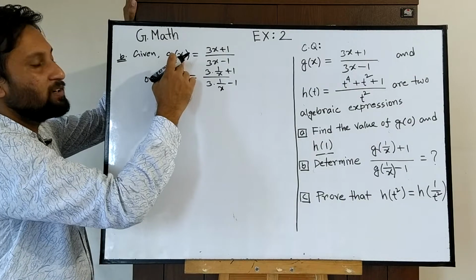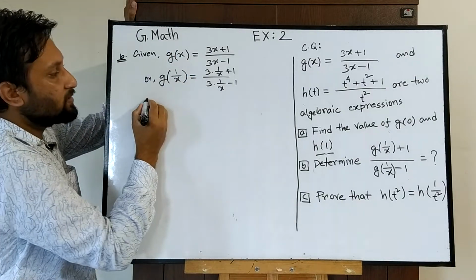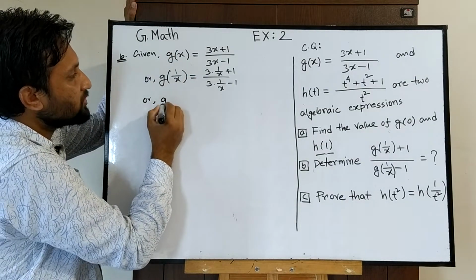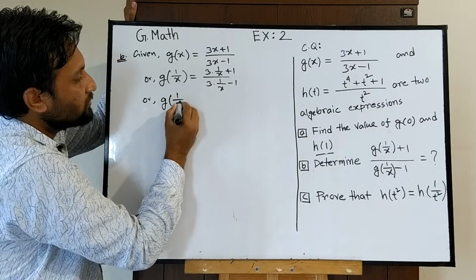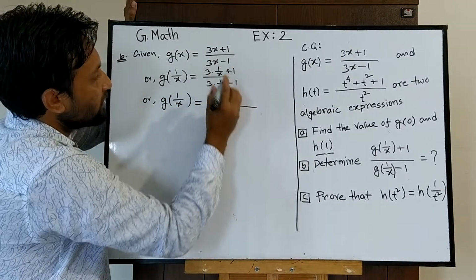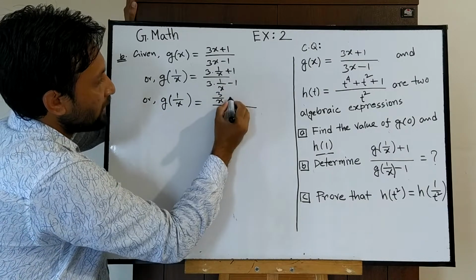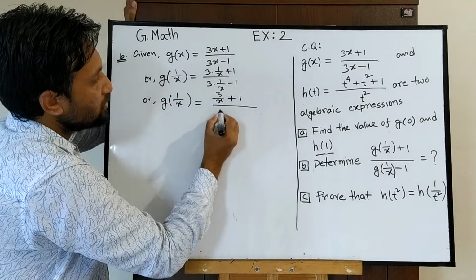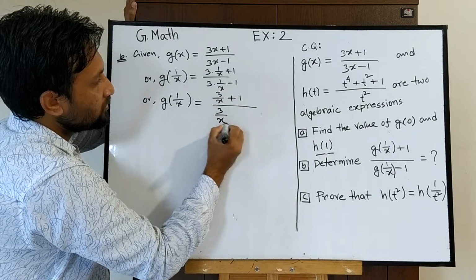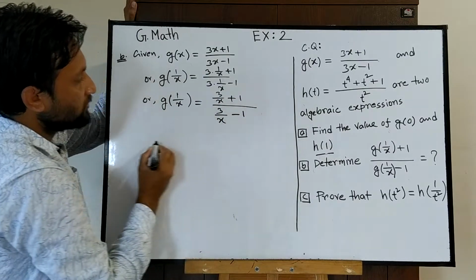We interchange x replaced by 1 by x. So by simple calculation we can get 3 by x plus 1, denominator 3 by x minus 1.